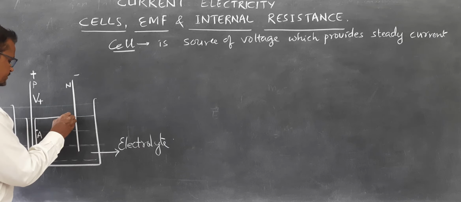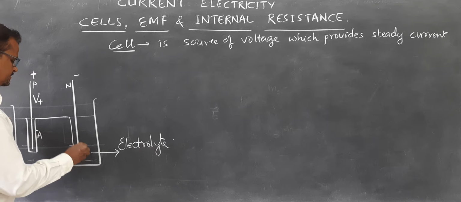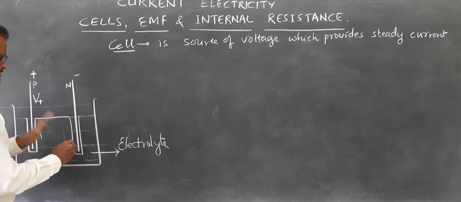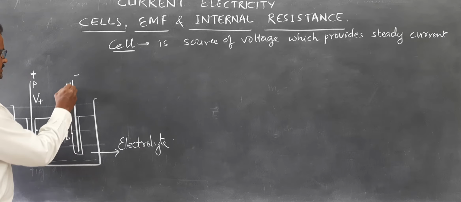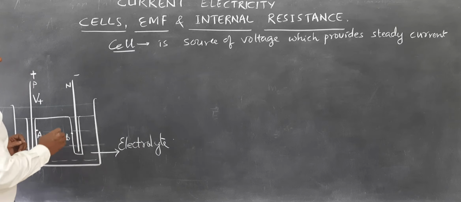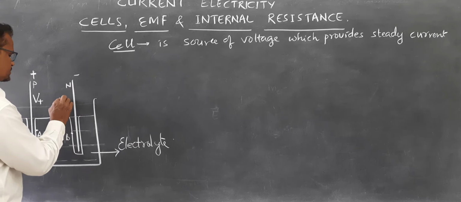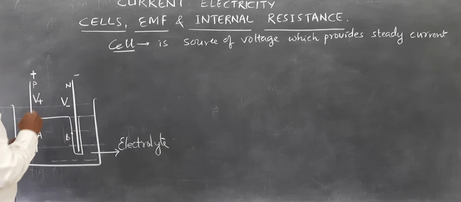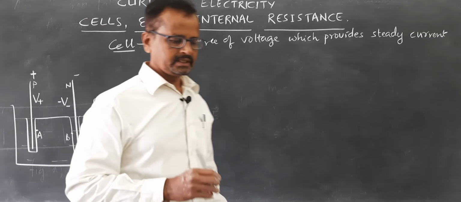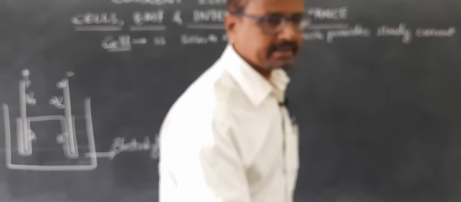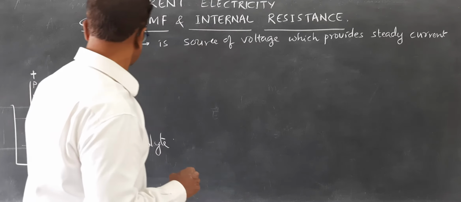Similarly, with respect to an imaginary neighboring point B, the negative electrode develops negative potential V minus.